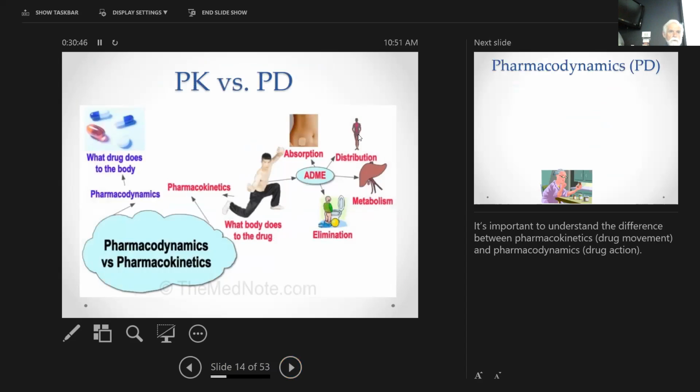The liver is the main metabolic organ. So this is metabolism. Metabolism is changing the drug so that it's easier for the body to eliminate it.